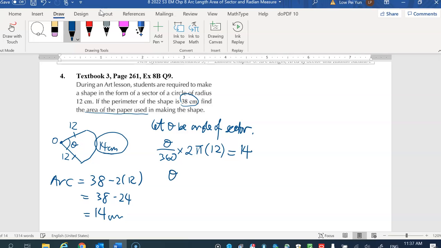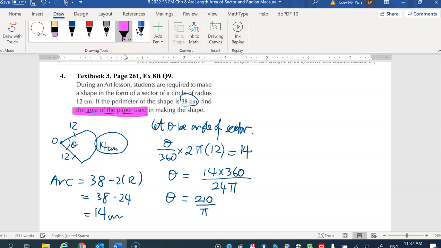So theta is equals to 14 times 360 over 24 pi, doing cross multiplication. After you compute in calculator, you are going to get 210 over pi.